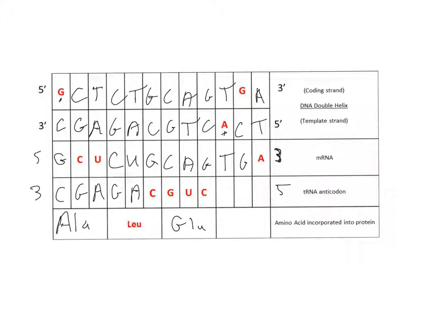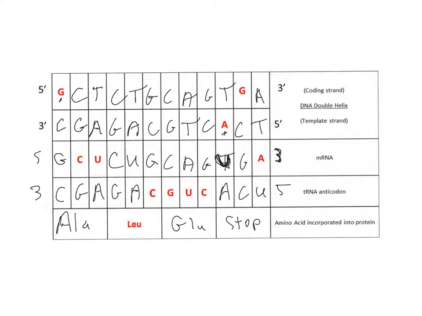And then U, remembering U's instead of T's if it's RNA. And if I look at TGA, oops, sorry, that's my mistake. This should be a U, remembering that U's instead of T's for mRNA. UGA is a stop codon.